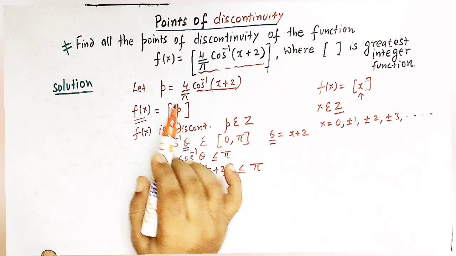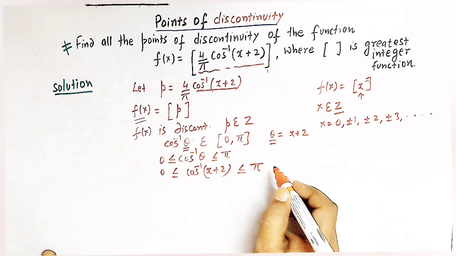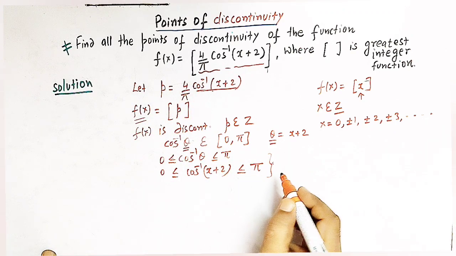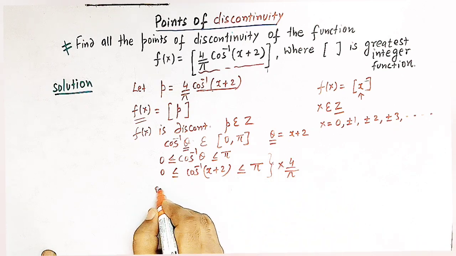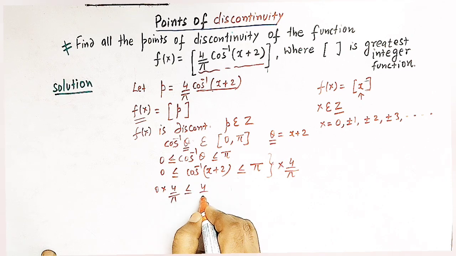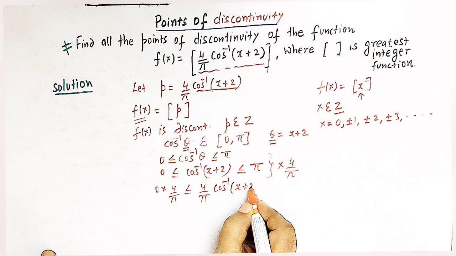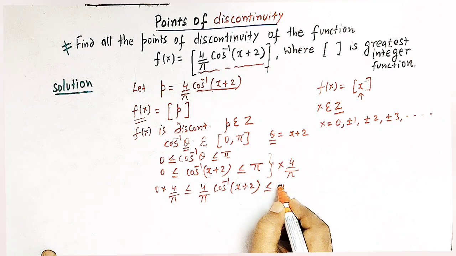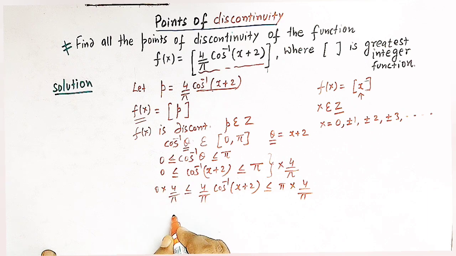So now to get this function p, let us multiply this entire inequality by 4 over pi. So here we have 0 times 4 over pi, here we have 4 over pi cos inverse x plus 2, and here we have pi times 4 over pi. Now this term is 0.